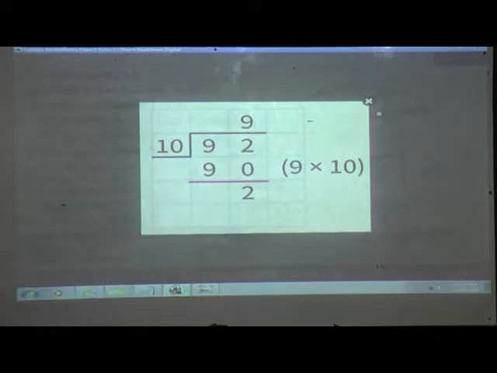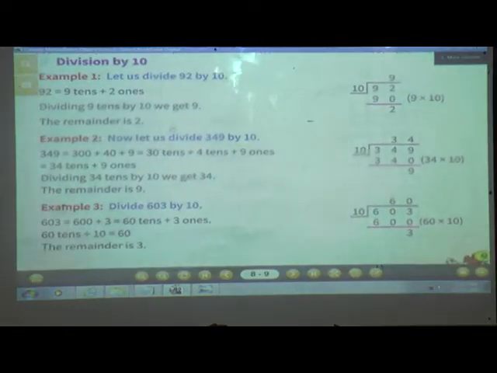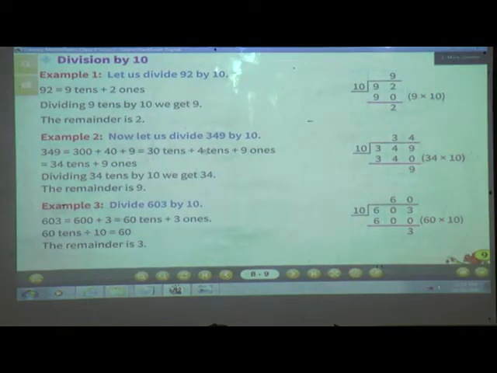Okay, now we will take the next example. Next example is 349 by 10.